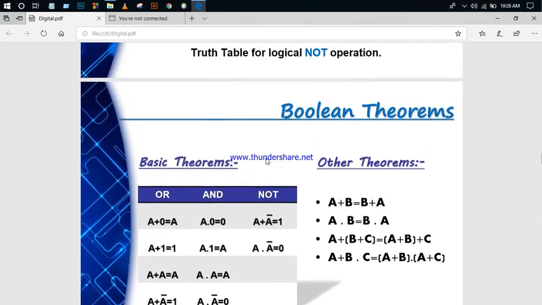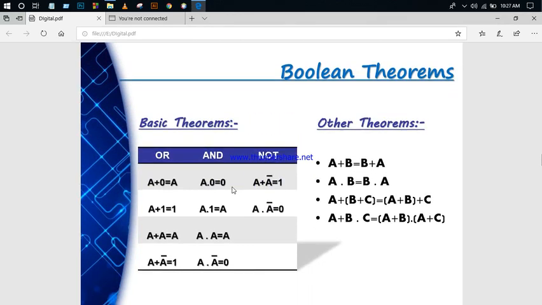Okay, there are Boolean theorems, that means Boolean formulas, created by George Boole. I explain one by one.